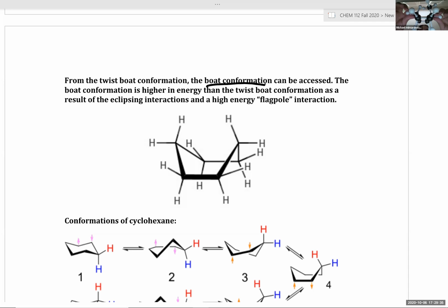Would someone like to volunteer and tell me a problem with the boat conformation? What do we notice in the boat conformation that's a little bit problematic? What do we see in our boat conformation? We have eclipsing interactions. Yes, that's one important thing to note. Our substituents are eclipsed.